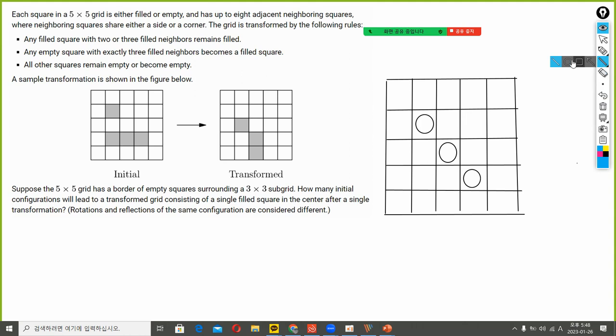However, in this 3 by 3 grid, this one will remain filled because two neighbors are filled because of the first condition. So this is the result we want. After transformation, only the center is filled.